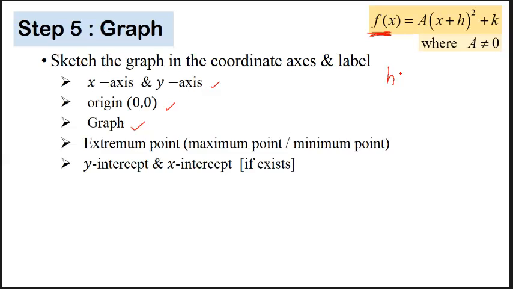If you have the function h(x), then the graph is labelled h. Next, the extremum points: depending on whether you have a maximum or minimum, we need to label the point and also the corresponding coordinates. And lastly, the x and y intercepts if they exist. Therefore, this is how we go about graph sketching for quadratic functions.